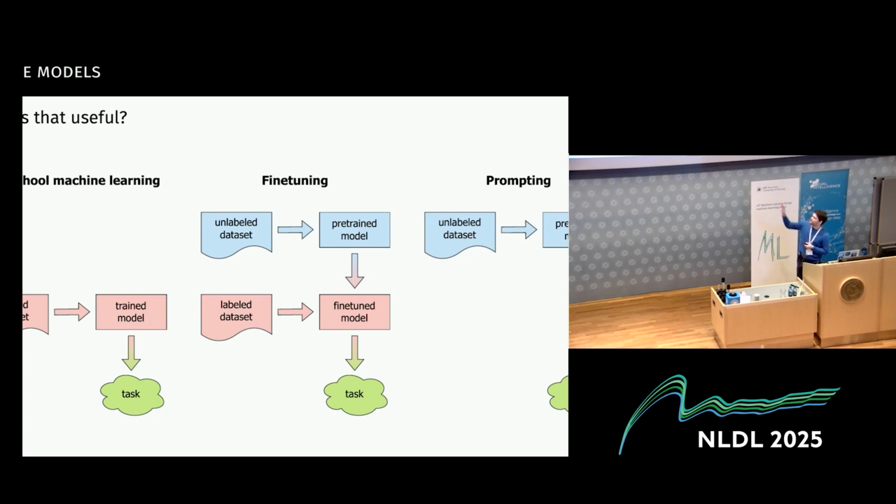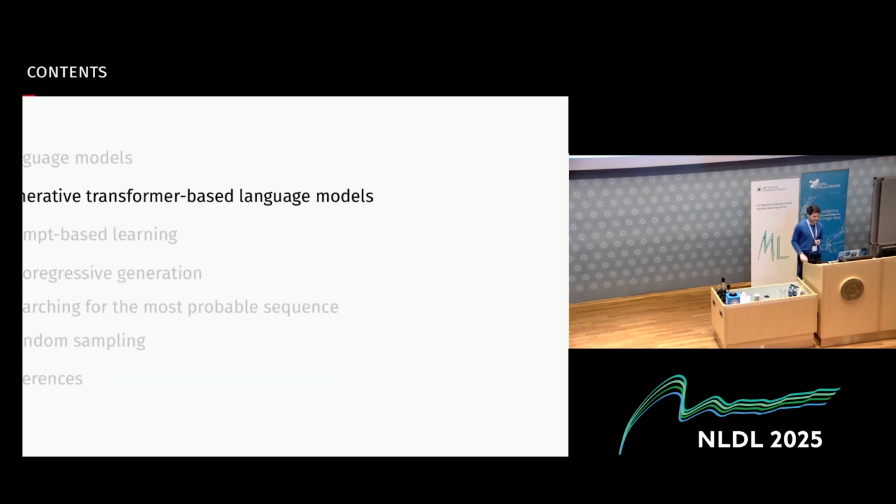Now, we will not have time to talk about fine-tuning that much today, but we will talk about prompting, where we totally skip this fine-tuning stage and just use the language model itself. Even though the language model has never been trained on a supervised task, we will use it as a supervised model to solve a task. This might seem impossible, but I will show you that it's actually quite simple later in this presentation.